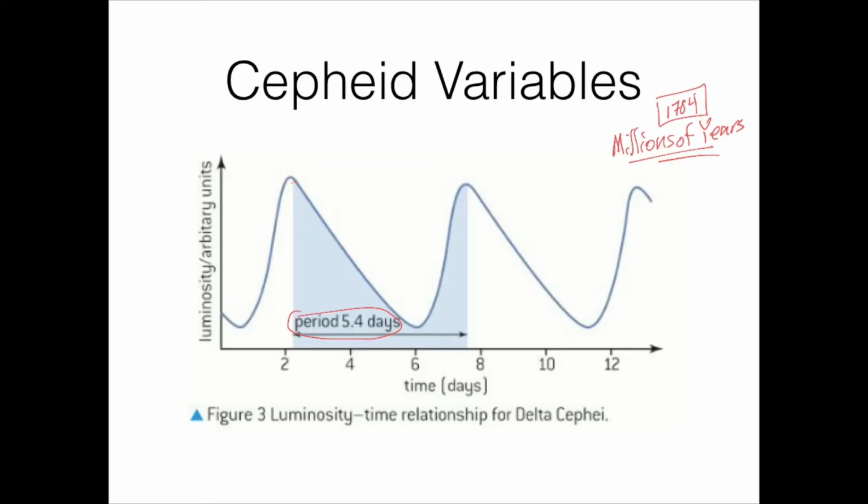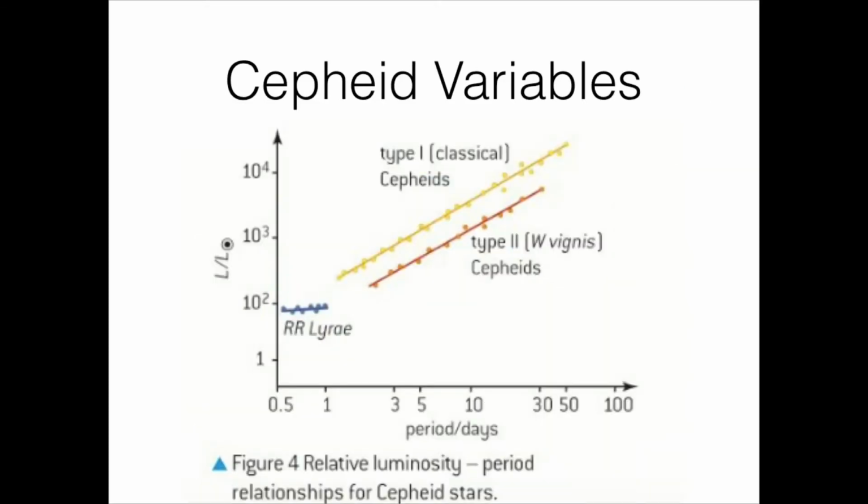Now, over the next 100 years or so, more of these Cepheid variables were discovered. And as they discovered these, they found out that there was a linear relationship between the luminosity and the period. This is what they found. They found that as the period increased, that meant that it was actually a more luminous star.